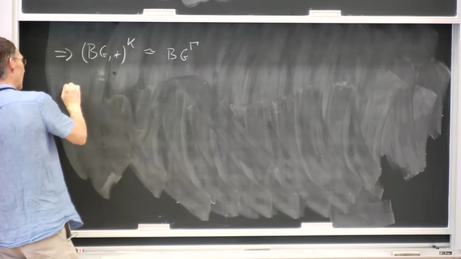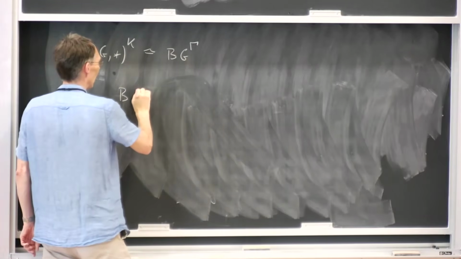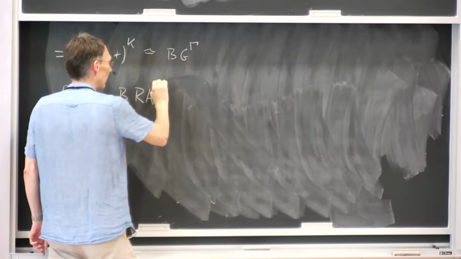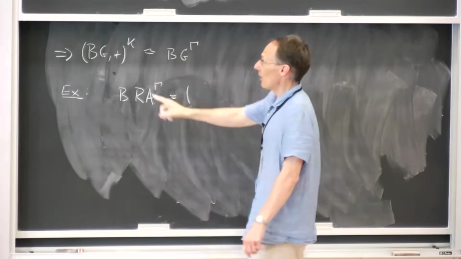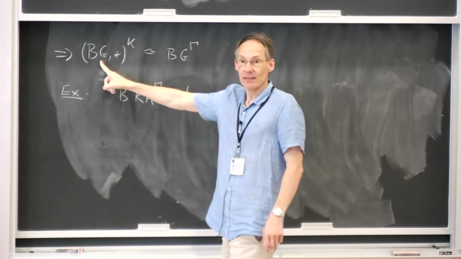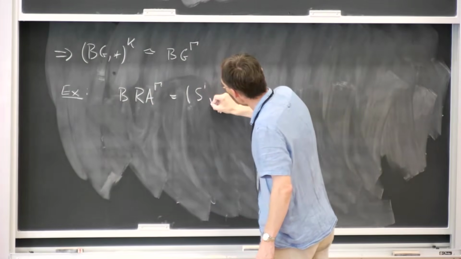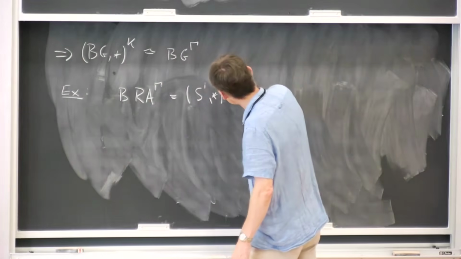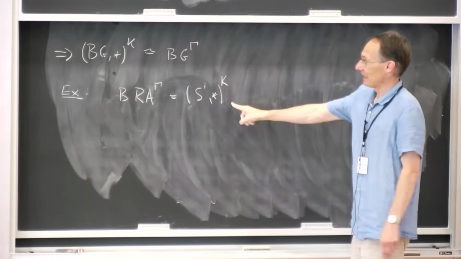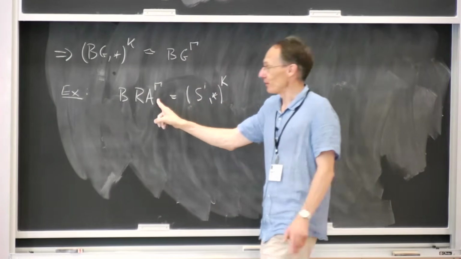So in particular, if you look at a classifying space for the right-angled Artin group, then all of the groups are Zs. Their classifying spaces are circles. So the polyhedral product S1 comma star is a model for the classifying space of this right-angled Artin group.